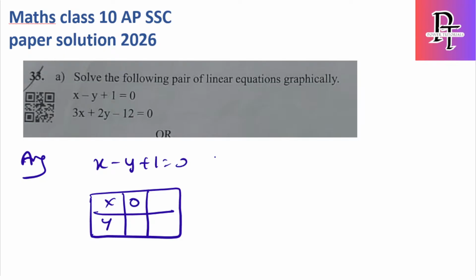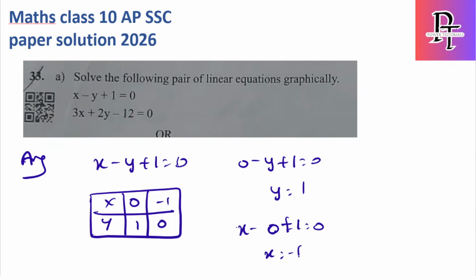If x is 0, then this becomes 0 minus y plus 1 is equal to 0, so y is equal to 1. If x is 0, y is 1. What about y is 0? Then x becomes minus 1, since x minus 0 plus 1 is equal to 0. So for the first equation, the points are (0, 1) and (minus 1, 0).